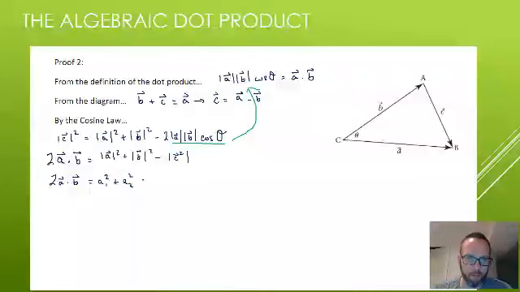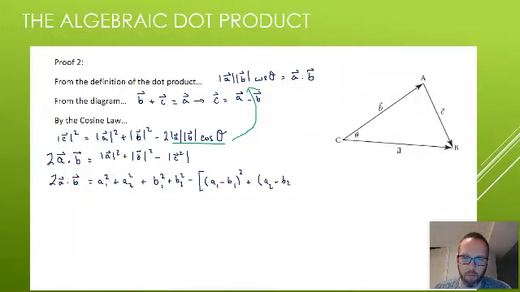And then you have plus B1 squared plus B2 squared, minus, and remember C is A minus B. So the x component of C would be A1 minus B1, squared, and the y component of C would be A2 minus B2, squared.